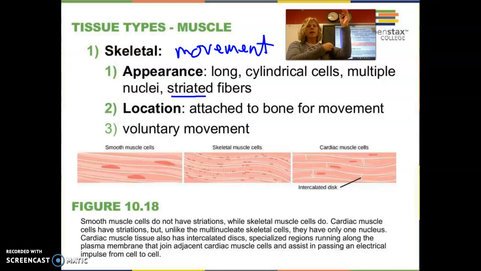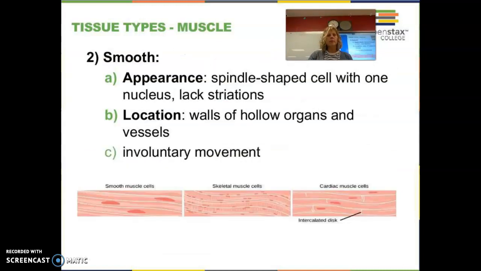To straighten my arm, I have to use the muscle on the bottom side that's attached to this bone and then back to here. This muscle is contracting to pull that limb straight. So skeletal muscles work in pairs like that. And again, this is voluntary movement.